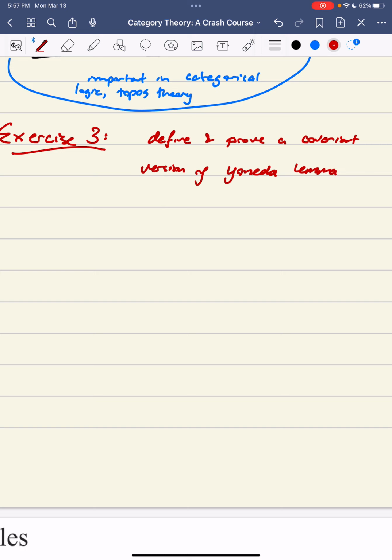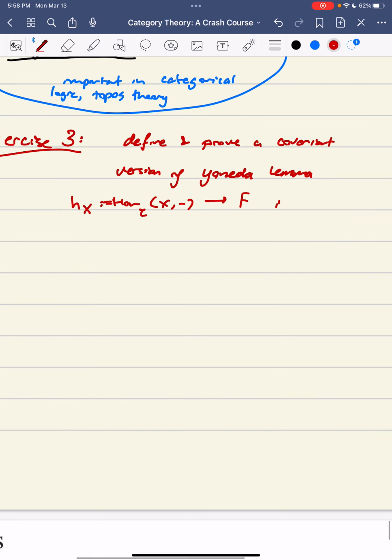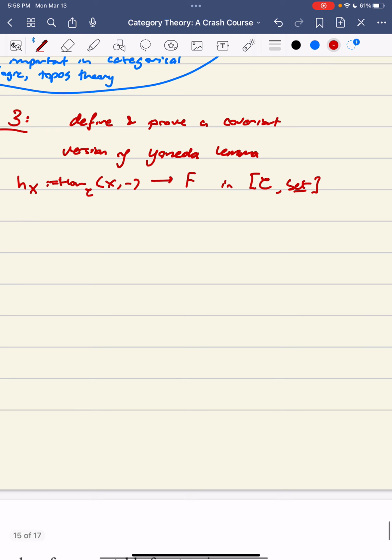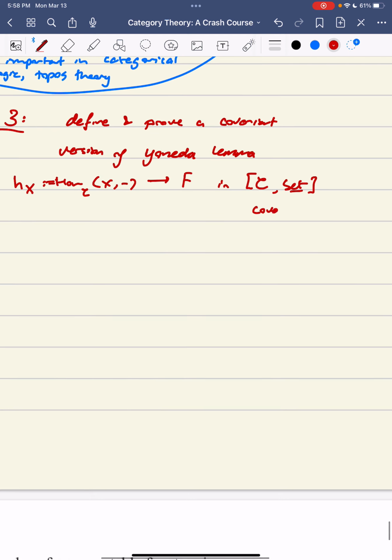So this is for functors of the form h sub x, which was from x into blank, to objects, or to functors F, we'll say, in the category of functors from C into Set. So instead of C op, we're doing C. So this is the category of covariant functors.